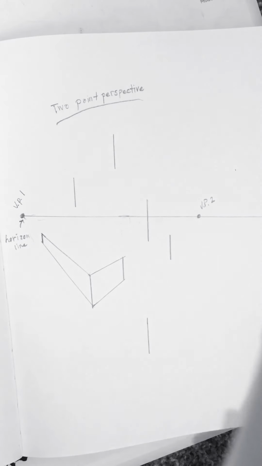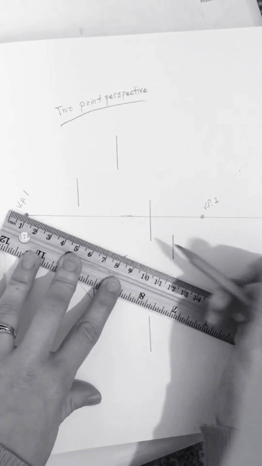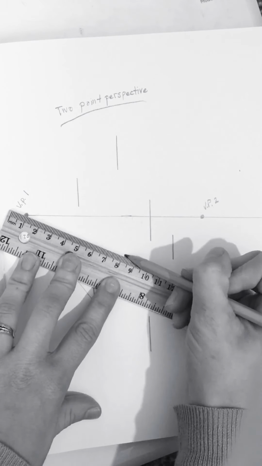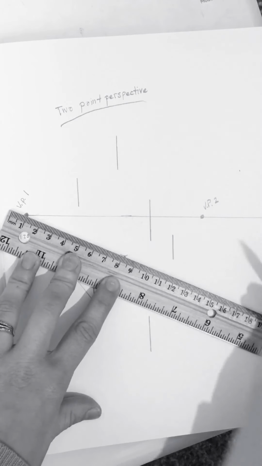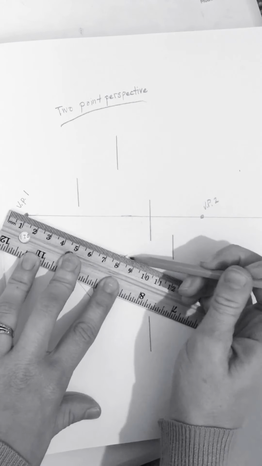So it still looks pretty flat. It's not exactly how I wanted it to turn out. Like I'm not really seeing a whole 3D shape just yet. That's because I need to actually line my ruler up with this corner up here and my vanishing point number 1.